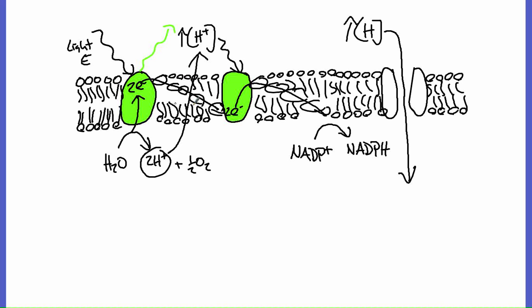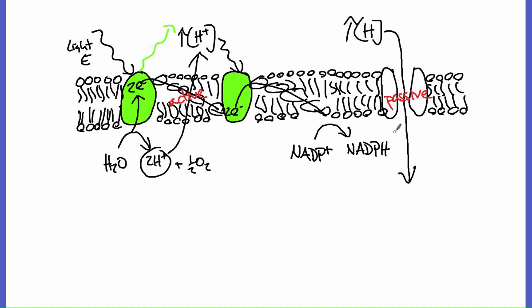So instead of an active transport like I have over here that required energy, I have a passive transport here of that hydrogen ion. But although it's passive, it's rushing through, it's forcing its way through, right? It wants to get to the other side. So you can take advantage of that movement of that hydrogen ion. We talked in class how it was like a turbine, like in a windmill.